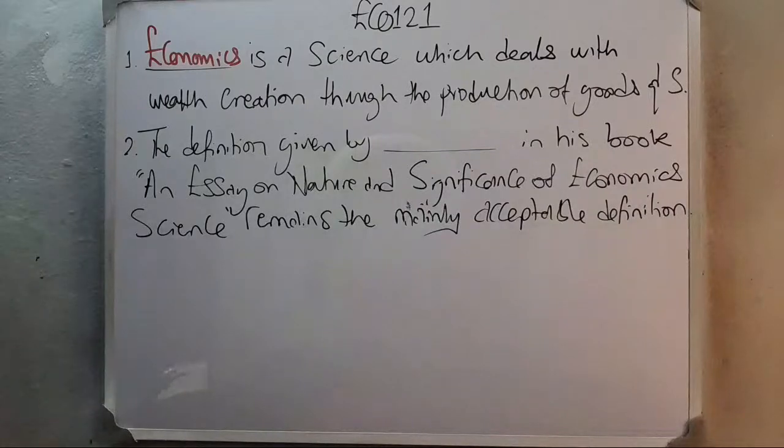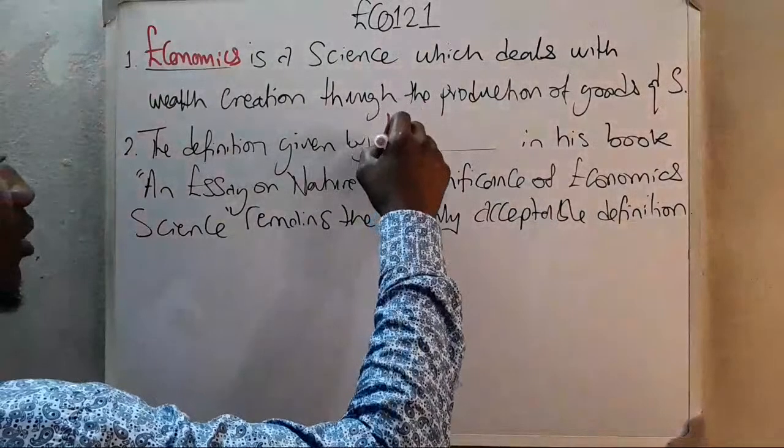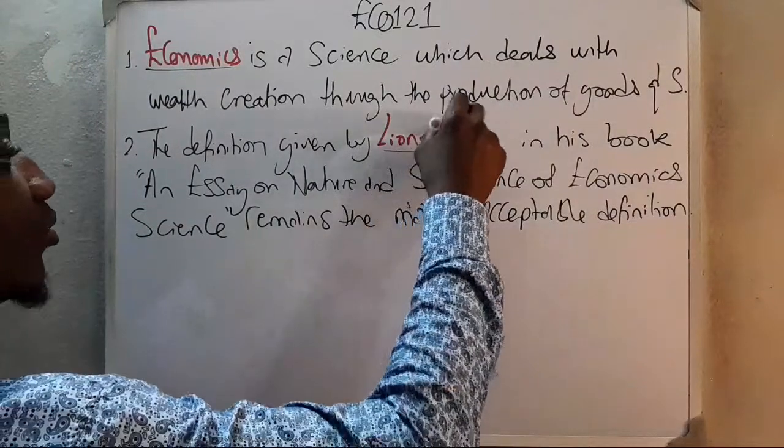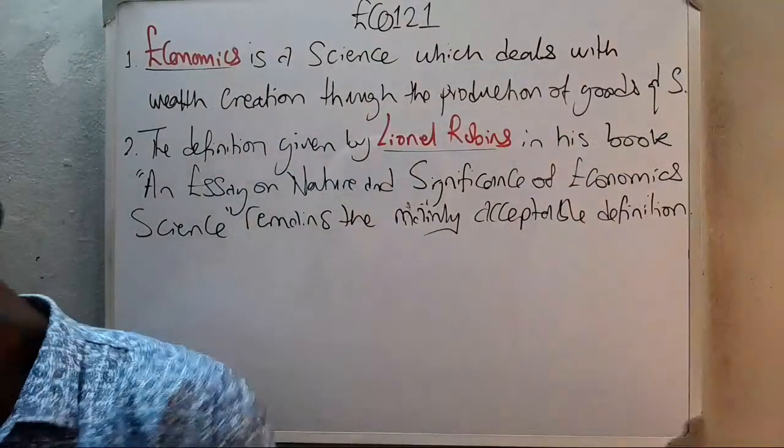If you had said Adam Smith, you were wrong. If you had said Lionel Robbins, you are correct. The correct answer is Lionel Robbins.